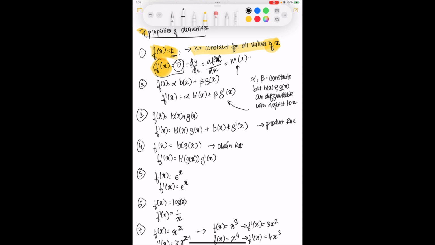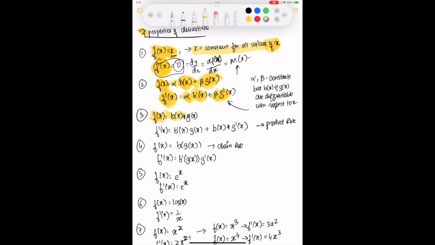For f dash of x equals 0. Next, the derivative of a function f of x: let's say we are given the function f of x is equal to alpha b of x plus beta g of x, where alpha and beta are constants, but b of x is a function of x and g of x is a function of x, then f dash of x, meaning the derivative of the function, is alpha b dash of x plus beta g dash of x.